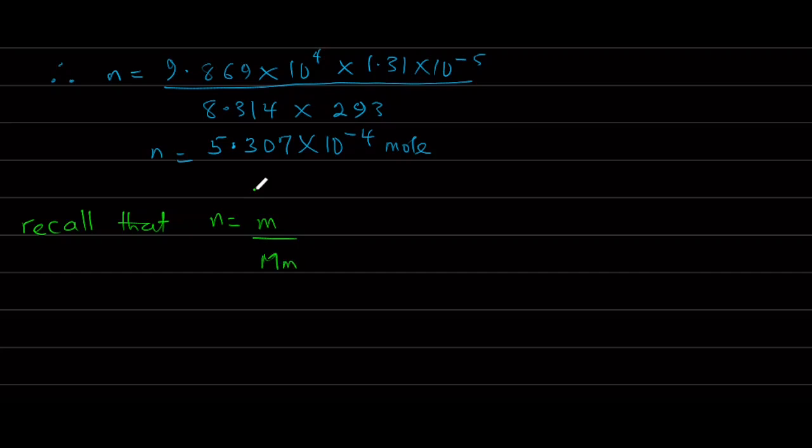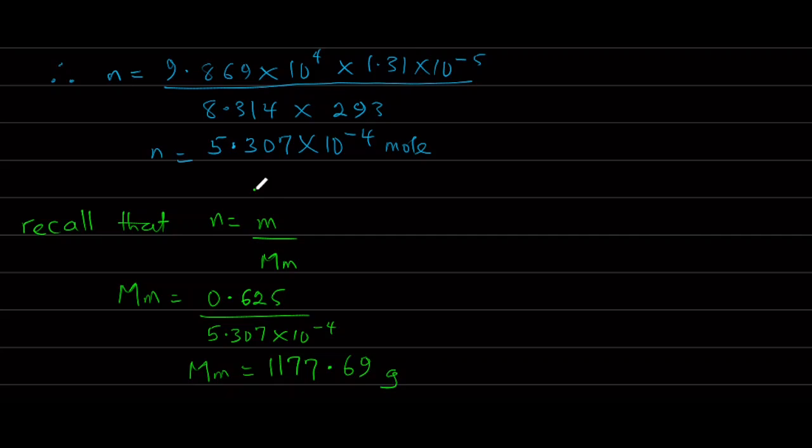If we make molecular mass the subject of the formula, molecular mass is going to be equal to mass, which is 0.625, over number of moles, which is 5.307 exponential minus 4. So the molecular mass is going to be 0.69. Let me write it down. That will give us 0.69 in gram. That is the molecular mass.